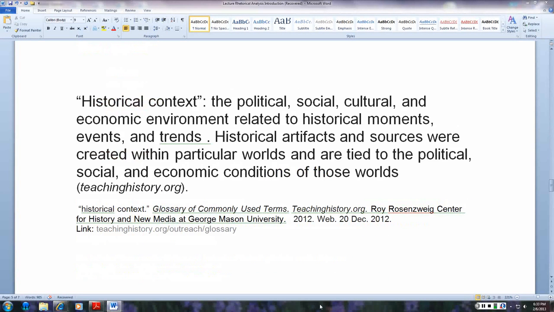The last definition I want us to look at is historical context, and that is the political, social, cultural, and economic environment related to the historical moments, events, and trends at the time that the text was written.